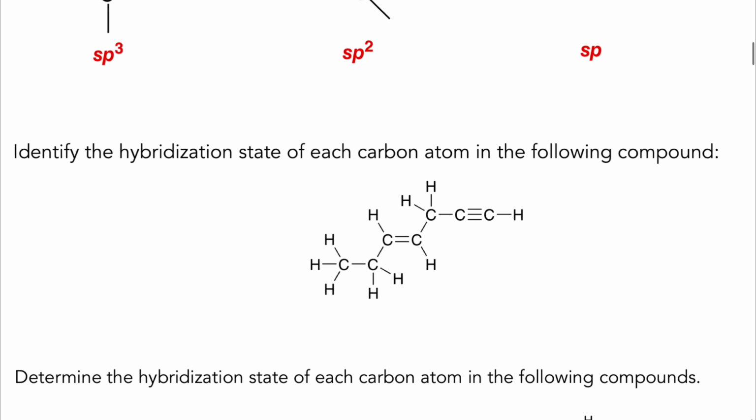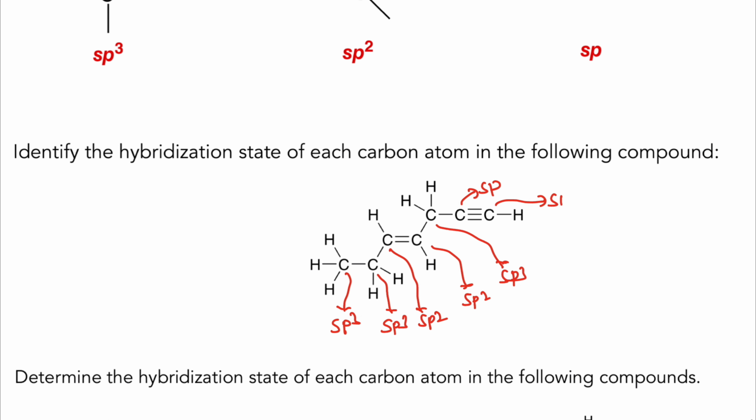And if you see this particular example, how to identify the hybridization of various carbons in this. So here this is sp3, this is sp3, this is sp2, this is sp2, this is sp3, this is sp, this is sp.